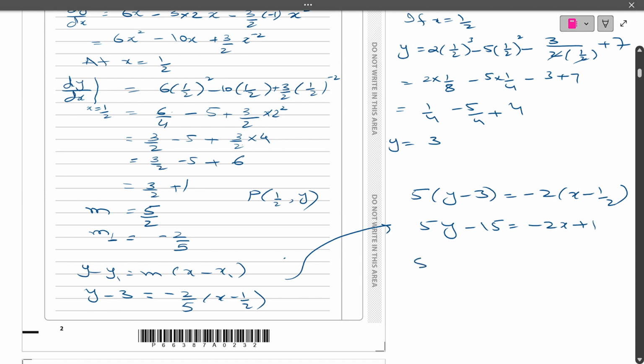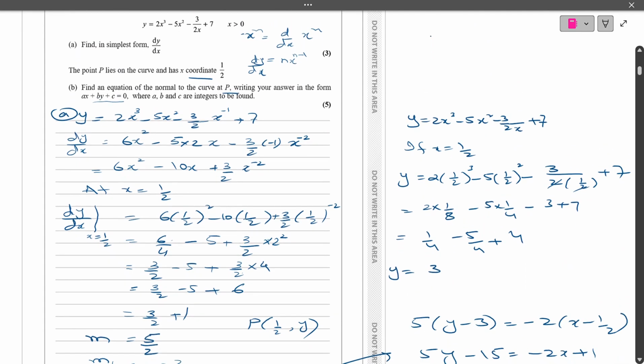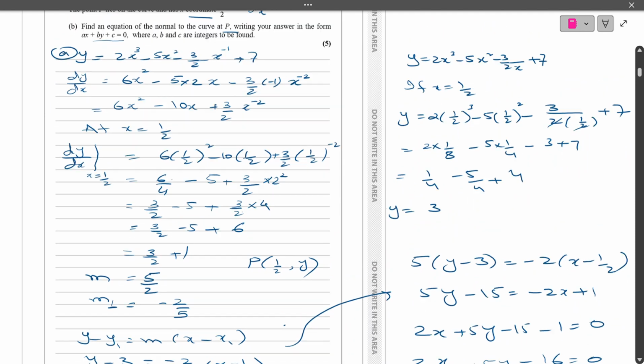I need to write my equation in the form ax plus by plus c equals 0. So let's move negative 2x to the other side: 2x plus 5y minus 15 minus 1 equals 0, and collecting like terms, 2x plus 5y minus 16 equals 0. This is the equation of the normal to the curve at P.